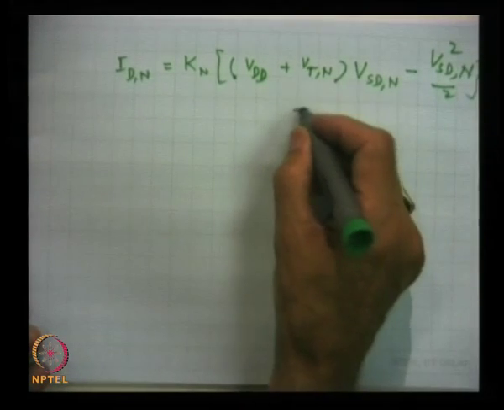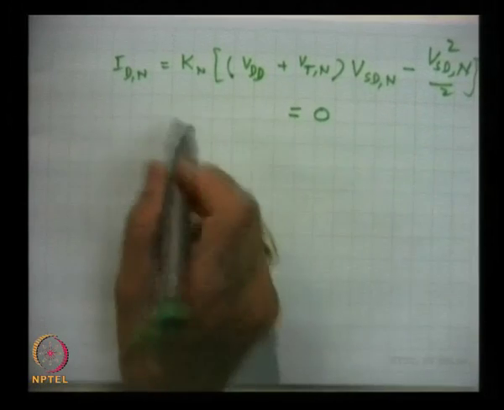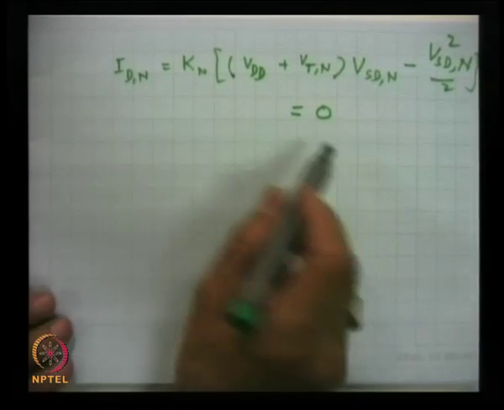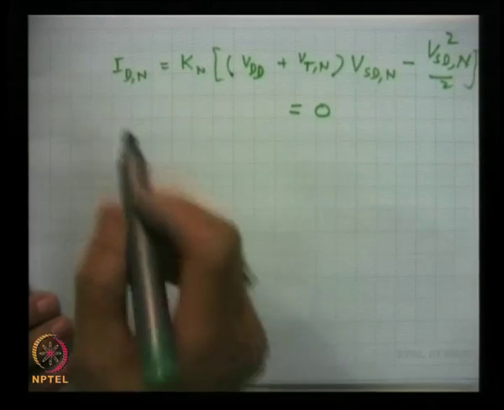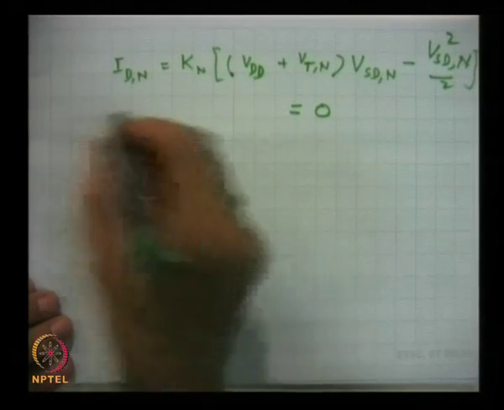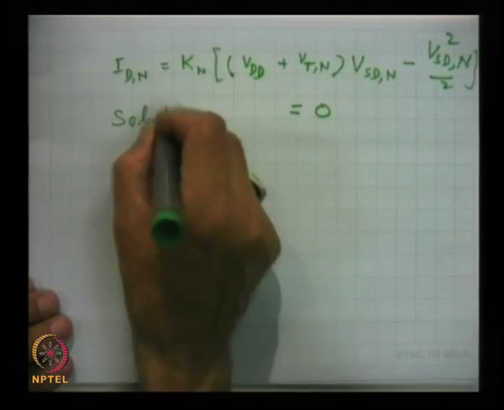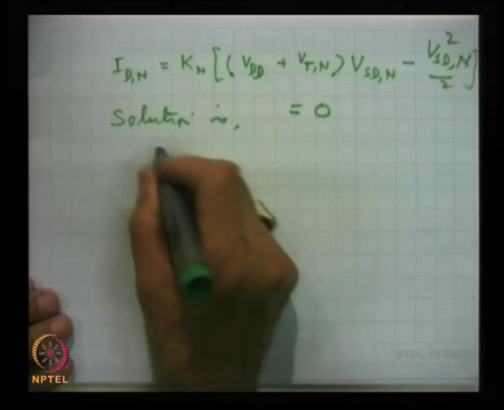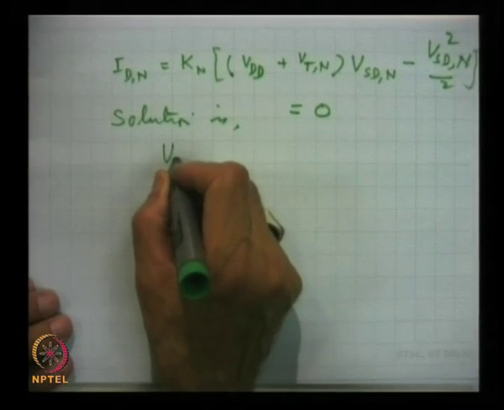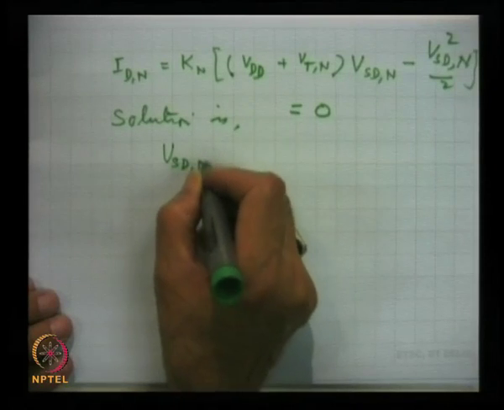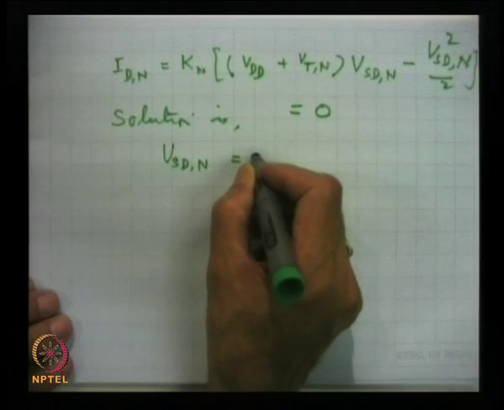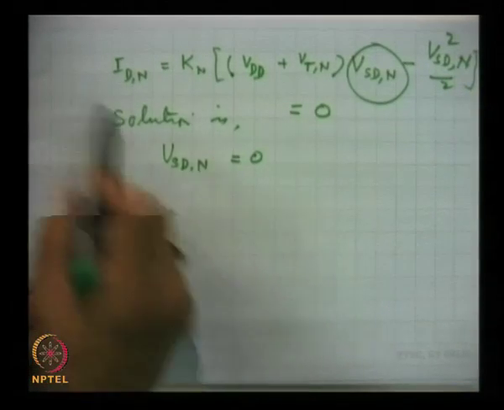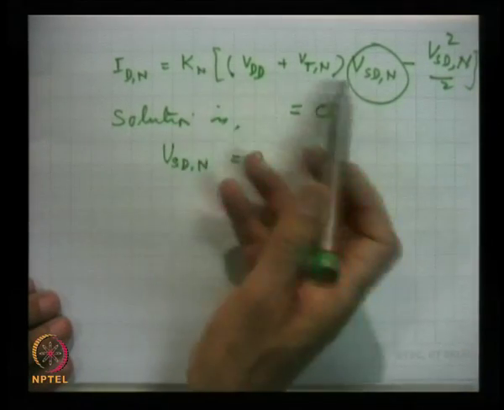This is equal to 0, and the solution of this equation is that VSDN is equal to 0. This has to be 0 only then, because other quantities are not 0.